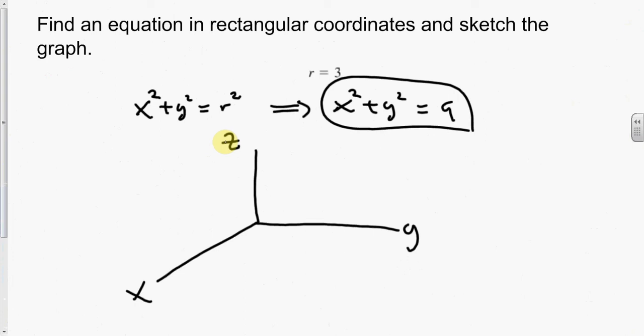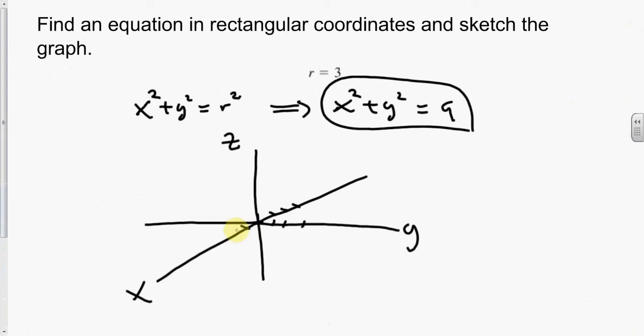So here, that's better. So I have this radius of 3.